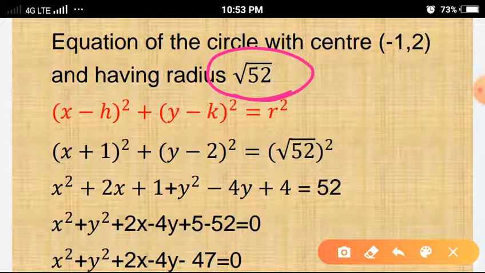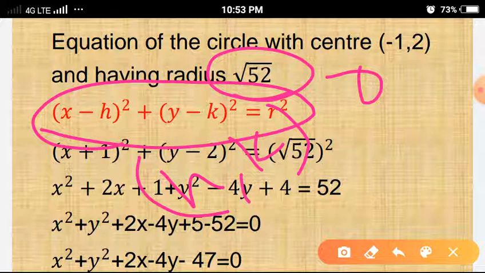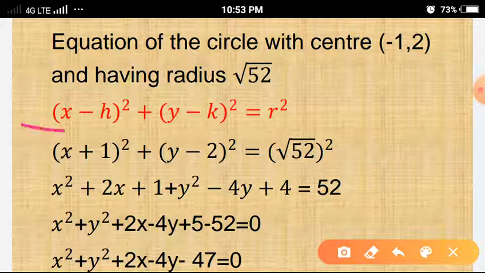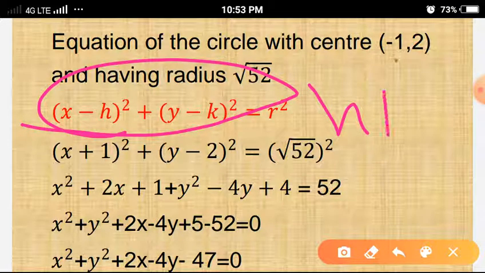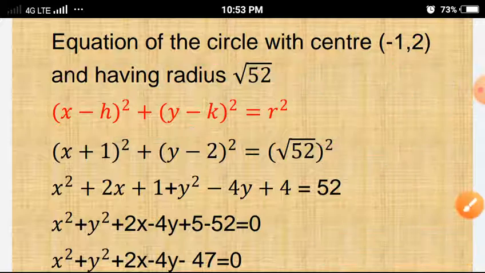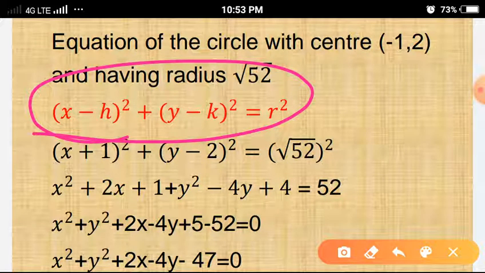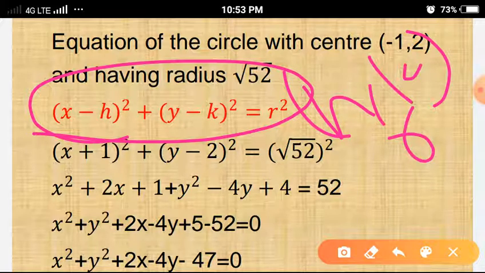The equation of the circle having center (h, k) and radius r is written like this: (x - h) whole square plus (y - k) whole square is equal to r square.